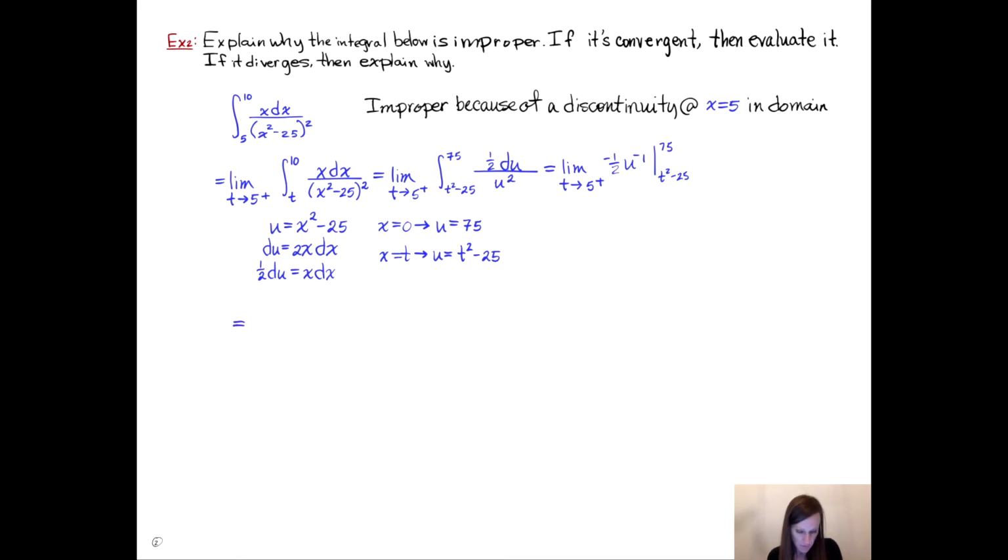So that is equal to the limit as t approaches 5 from the right of negative 1/2 times 1 over 75, and then minus a negative becomes a positive 1/2, and we would have 1 over t squared minus 25.